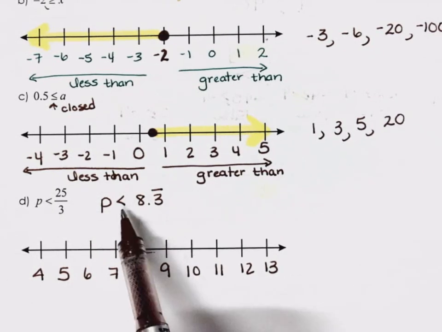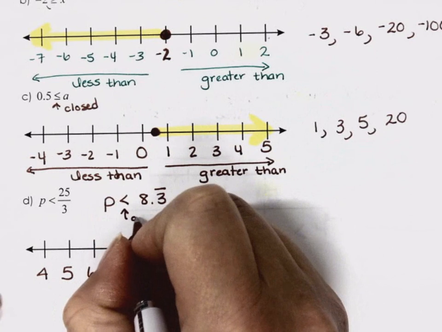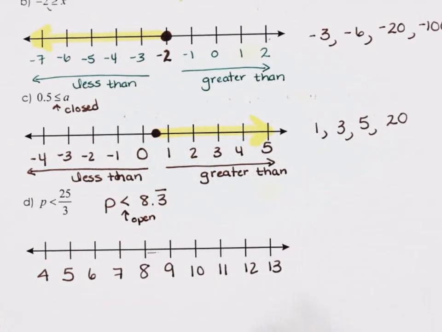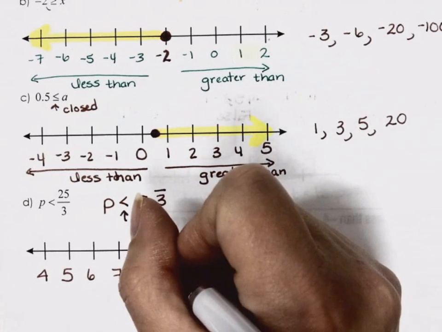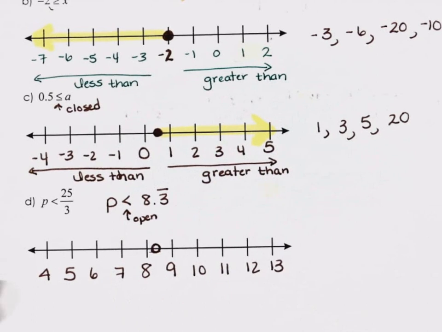So do I have an open or closed circle here? Open. Okay, so we're 8.3, so we're not quite at half, but we're a third. We're 1/3 of the way. So I'm going to do an open circle right there.